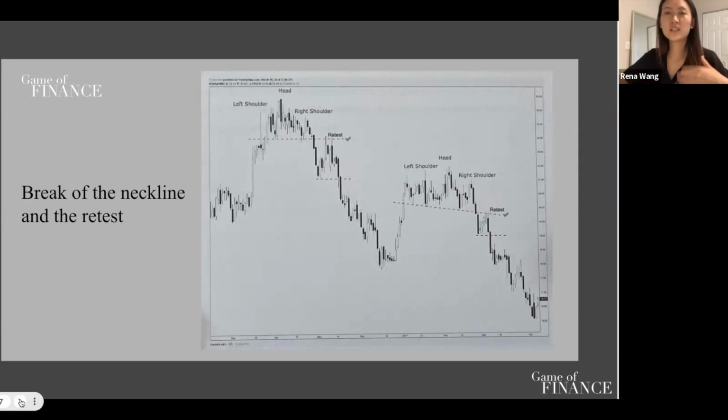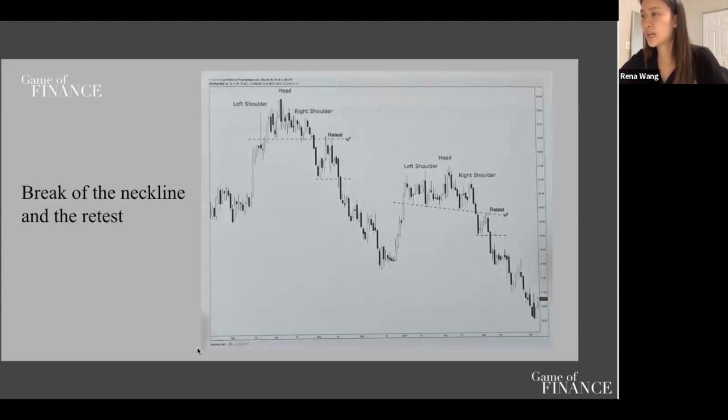So the break of the neckline is usually the entry signal for most traders because it completes the head and shoulders formation. Now, the break confirms that the price has a lower high at the right shoulder and a first lower low as well. So the two points signal a change in the Dow theory.